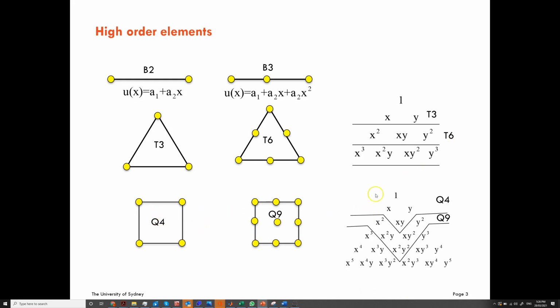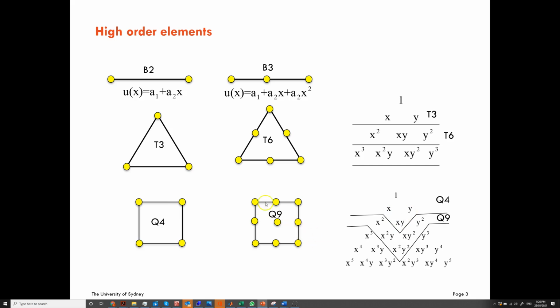For example, for Q4, we need the linear base functions and we need 1 quadratic function. So you have to choose the base functions in such a way that there is a symmetry in the Pascal triangle, because you want to have the interpolations in the same way in x and y.